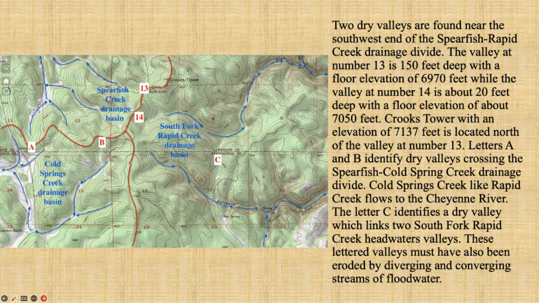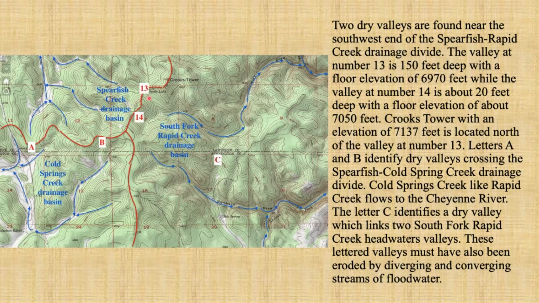Now, continuing to the southwestern end of the drainage divide, Crook's Tower is here. We still have number 13, a valley that's about 150 feet deep. Number 14 is shallower. It's only maybe 20, 40 feet deep.